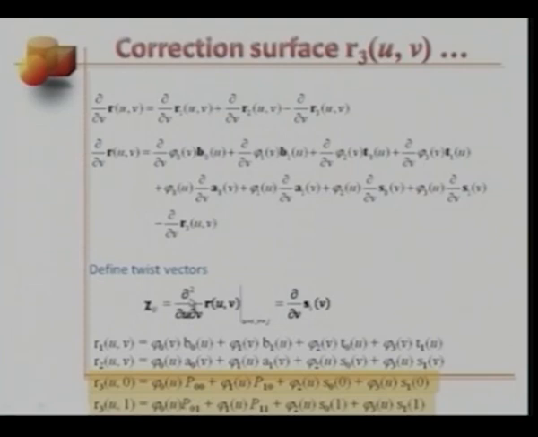These mixed derivatives are equal to partial s_i over partial v, which are also equal to partial t_j over partial u. As I said before, i can assume any value 0 or 1, and so is the case with j.